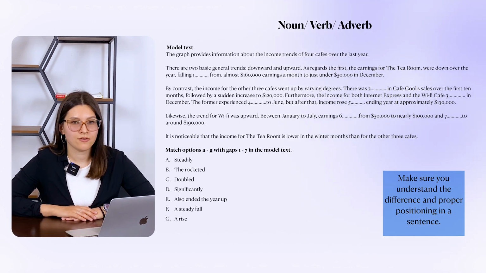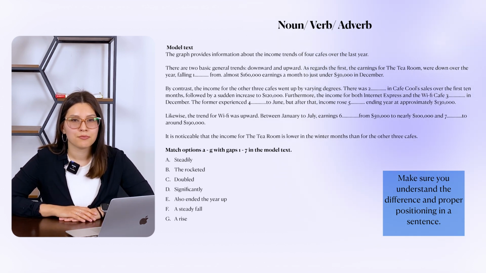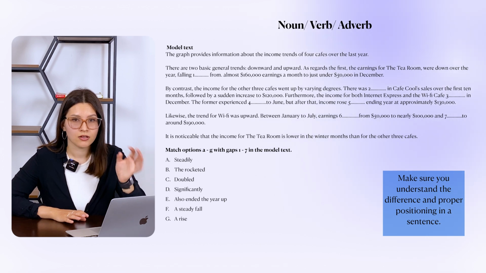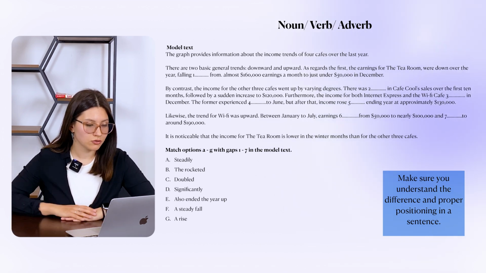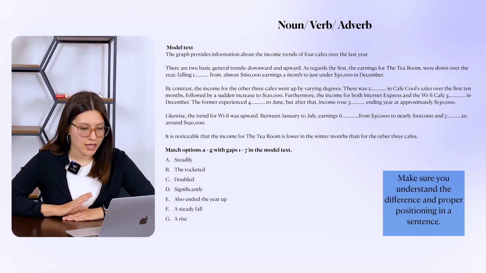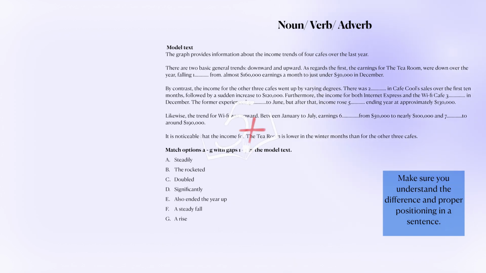Maybe you won't have enough time to do this during your exam, but now you're practicing. Please take your time and try to figure out first the part of speech each blank consists of, and then only try to fill it in with the given vocabulary, A to G. It's exercise 10. Good luck.